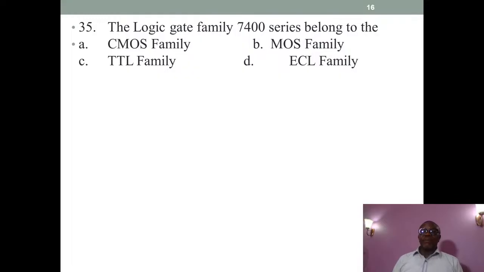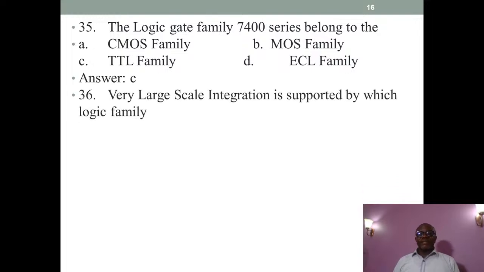MOS stands for metal oxide semiconductor family of ICs. TTL means transistor-transistor logic family, and ECL means emitter coupled logic family. So which one? We say that it is C, the TTL family, the 7400 and the 5400 series.